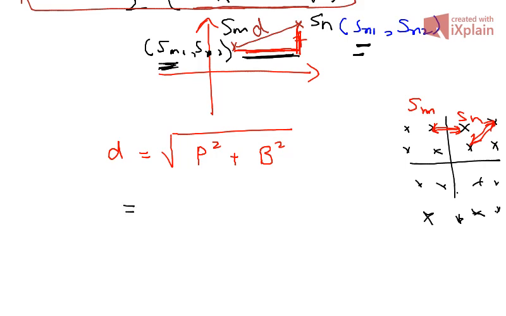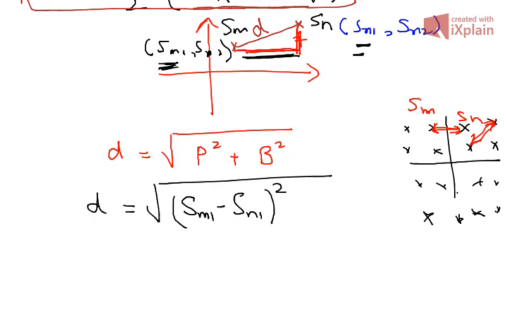So this distance would be the square root of Sm1 minus Sn1 square, plus Sm2 minus Sn2 square. So this is the expression for the Euclidean distance.